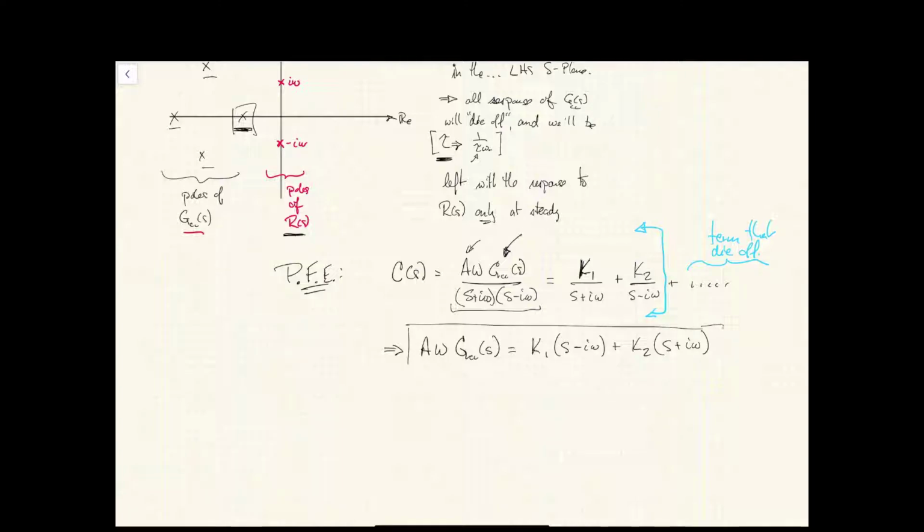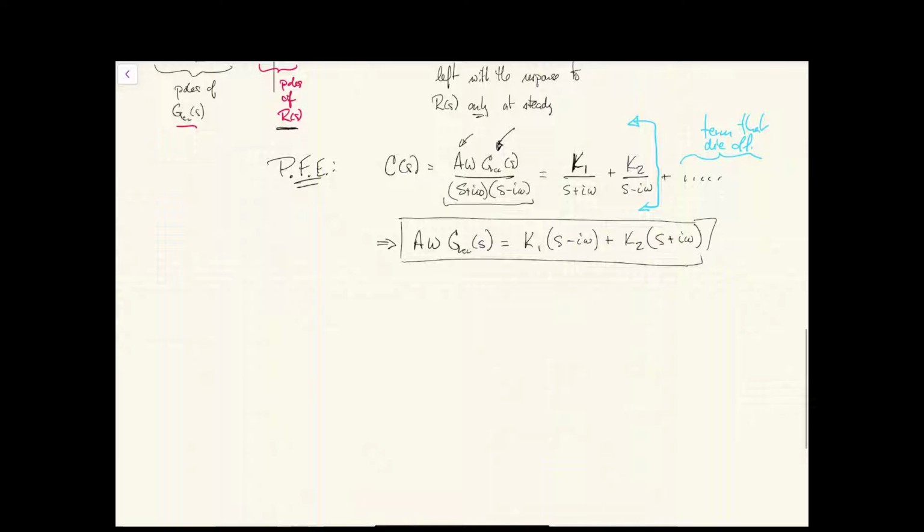And that's what I need to solve here for my Laplace transform that I'm going to take the inverse Laplace transform of in order to solve this problem. And recall how we do this, again, partial fraction expansion.